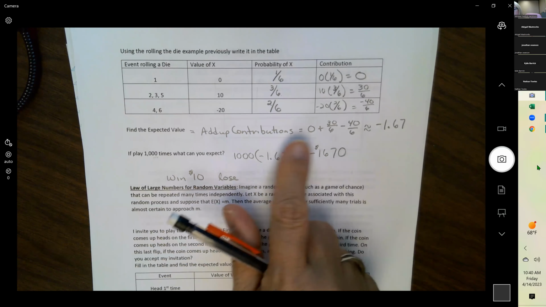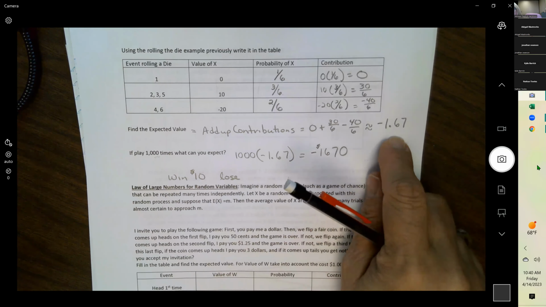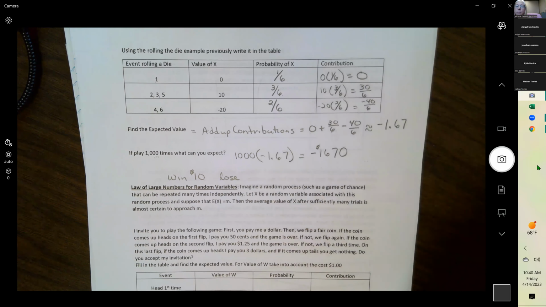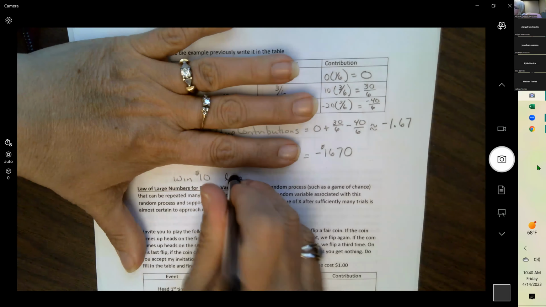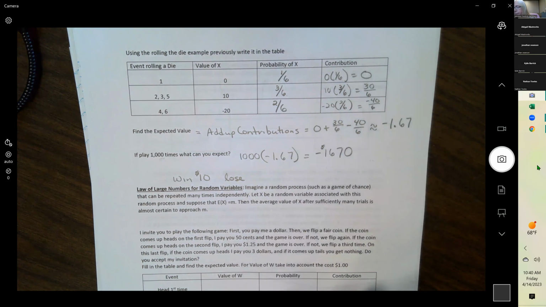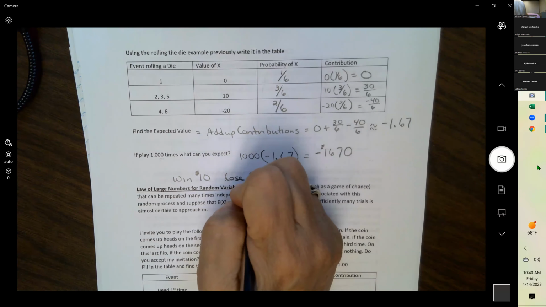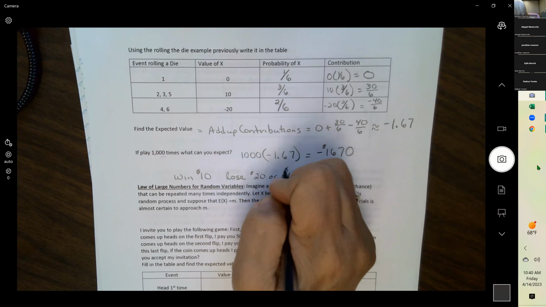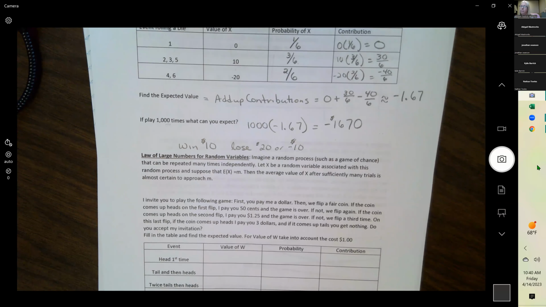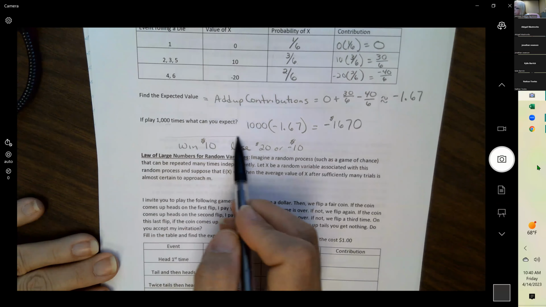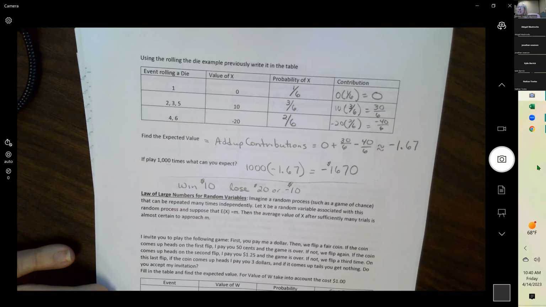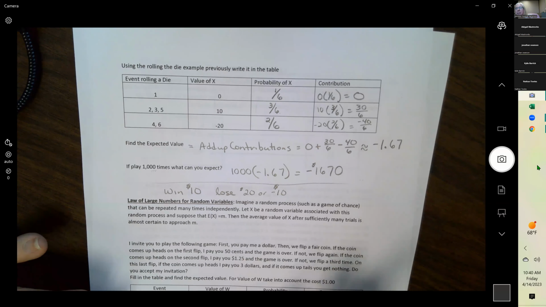But in the long run, this game is a game of loss because it's negative. Any questions on that? Definitely. Gambling is a game of loss.